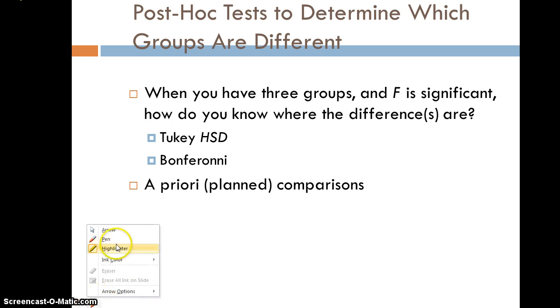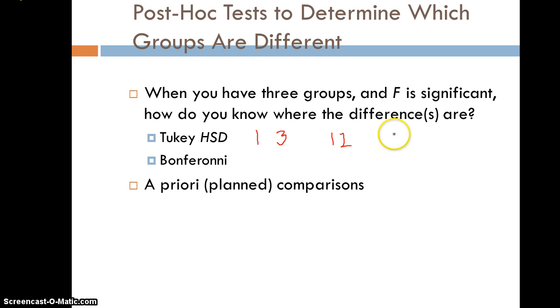We could test for differences between group 1 and 3, between group 1 and 2, and between group 2 and 3. So those are three different comparisons that we can do.